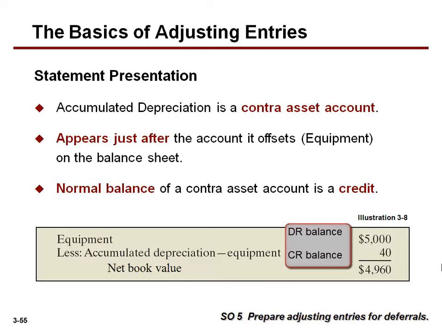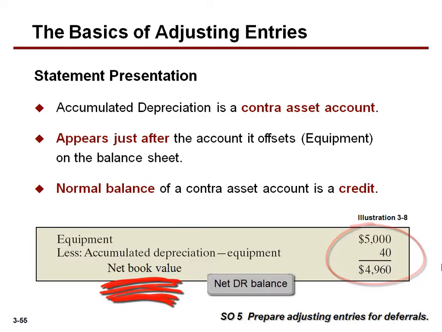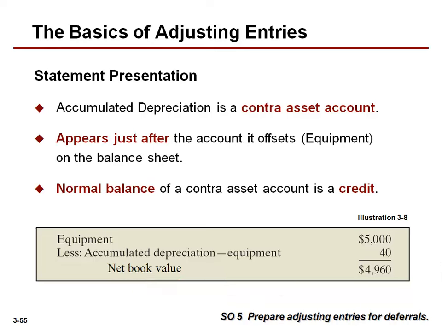So therefore, on our balance sheet, we'll show equipment, $5,000, less accumulated depreciation, $40. The net of those two numbers, $4,960, is called net book value. It's the remaining cost that will be depreciated over time. That is, we'll recognize depreciation expense over the remaining life of that asset.